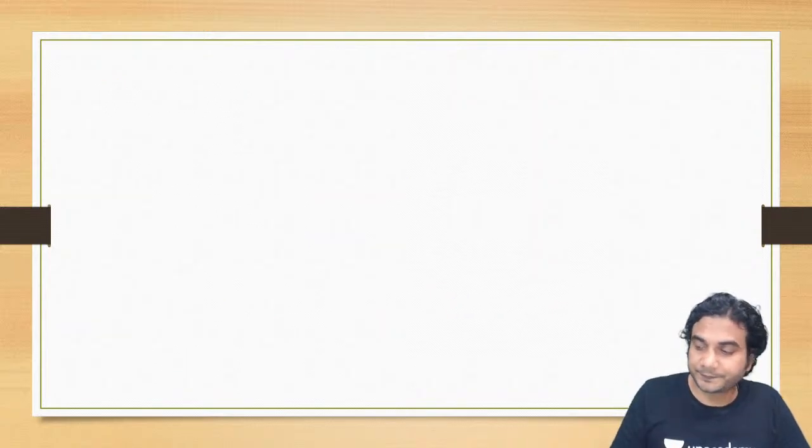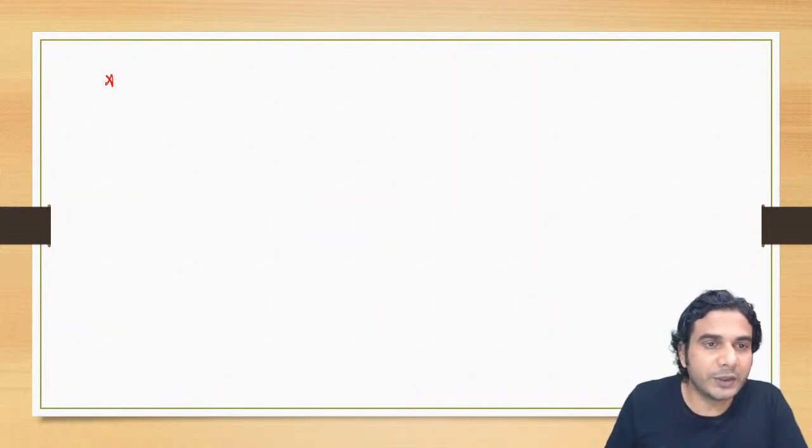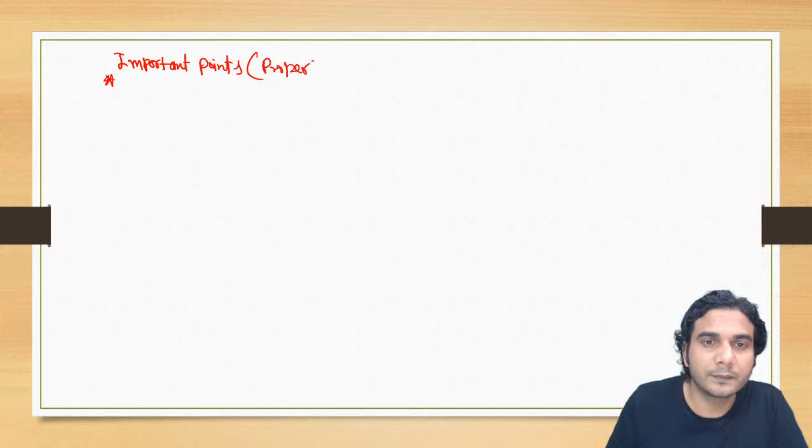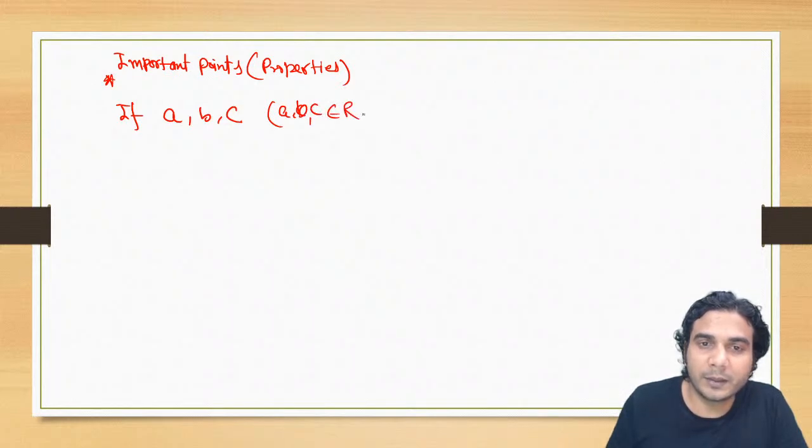Now let's write some important points, or properties, about GP. First of all, if A, B and C, 3 terms, belong to real numbers except 0, as I told you just now, and A, B, C are in GP, then what will be the relation?